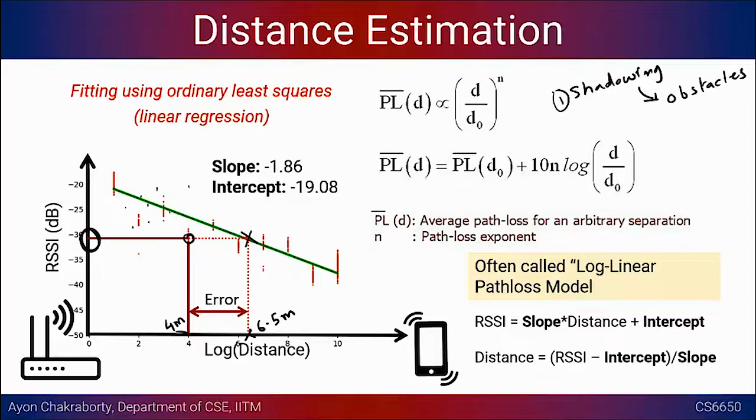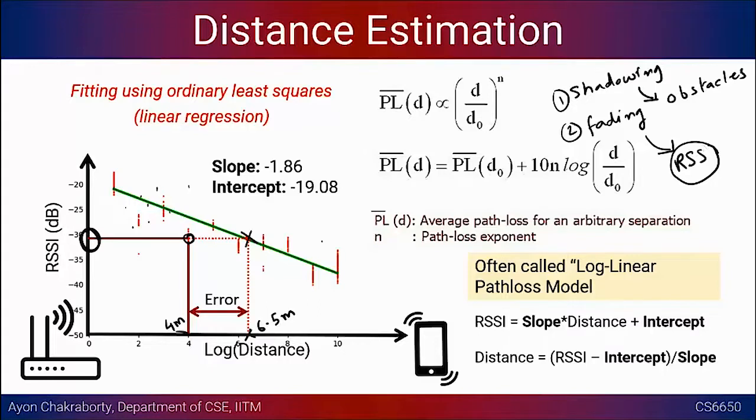One is called shadowing, and then there are random changes in the signal, which are due to constructive or destructive interference. This is often known as fading. So there are two more components apart from path loss, shadowing and fading, which contribute to the total RSS value that you actually see. And often these things are unpredictable, or you need a very meticulous calibration of the entire system in order to do such prediction.